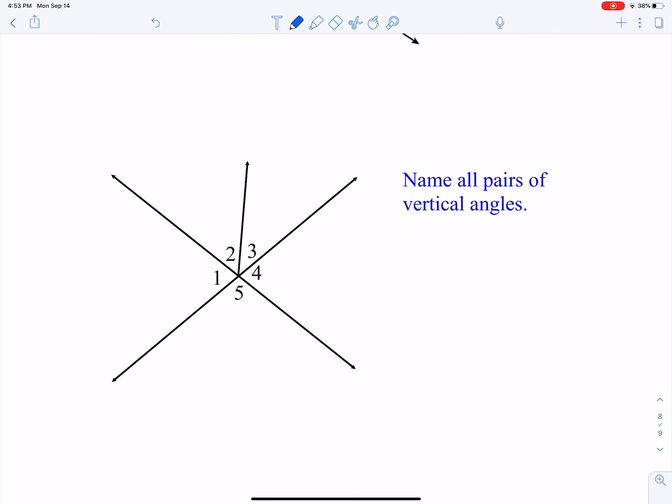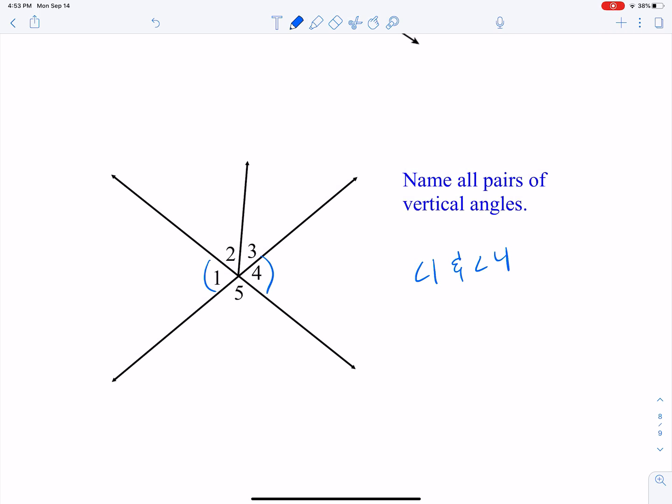So all the pairs of vertical angles, angle 1 and angle 4, those are vertical angles. But 2 and 3 cannot combine to be vertical angles with 5.